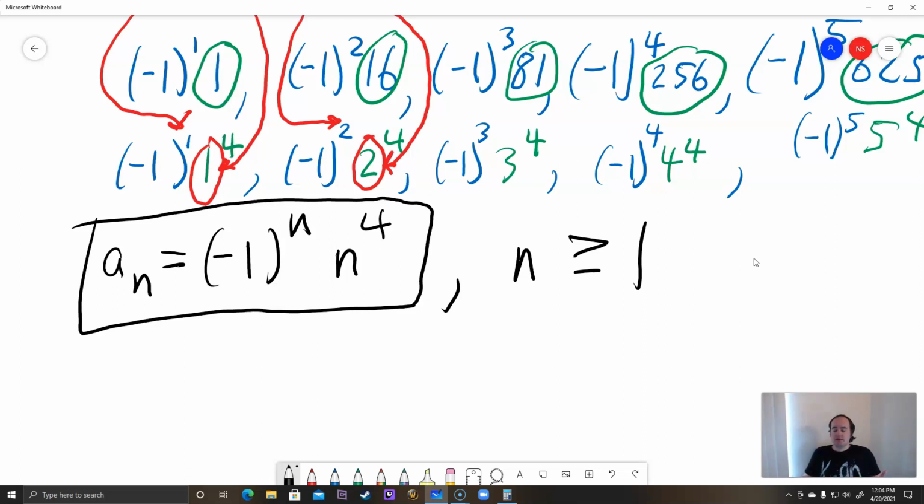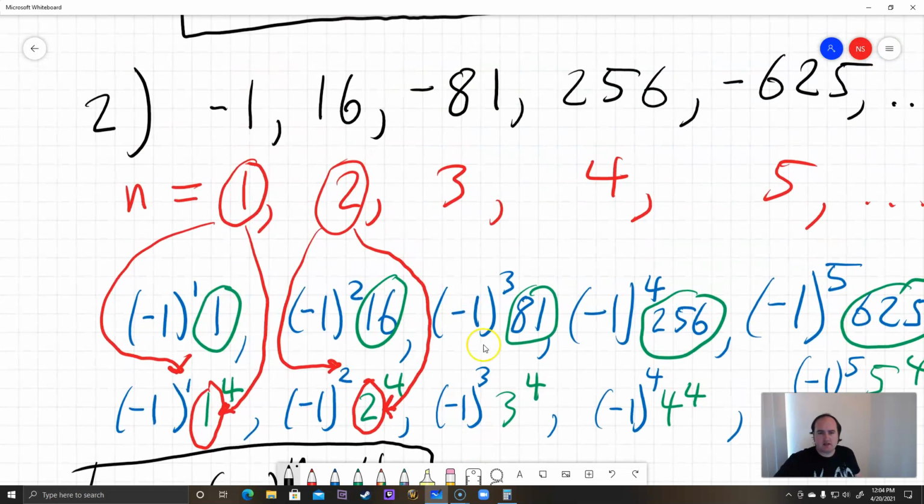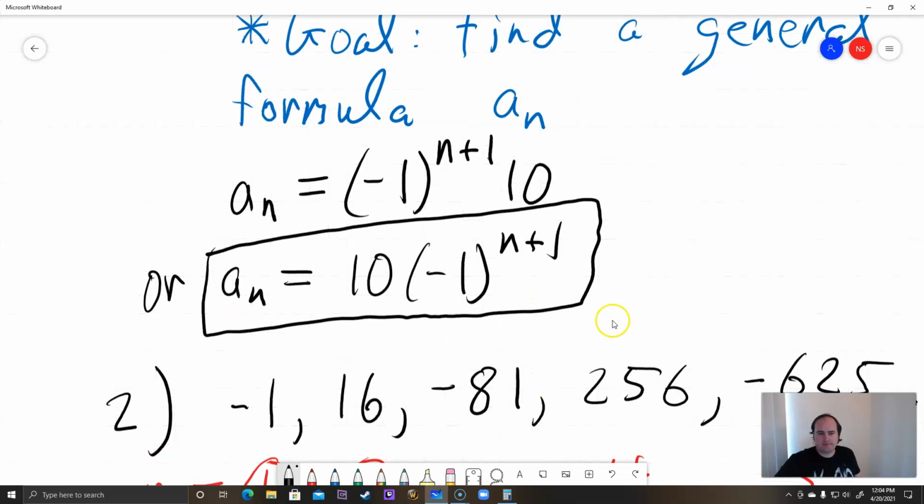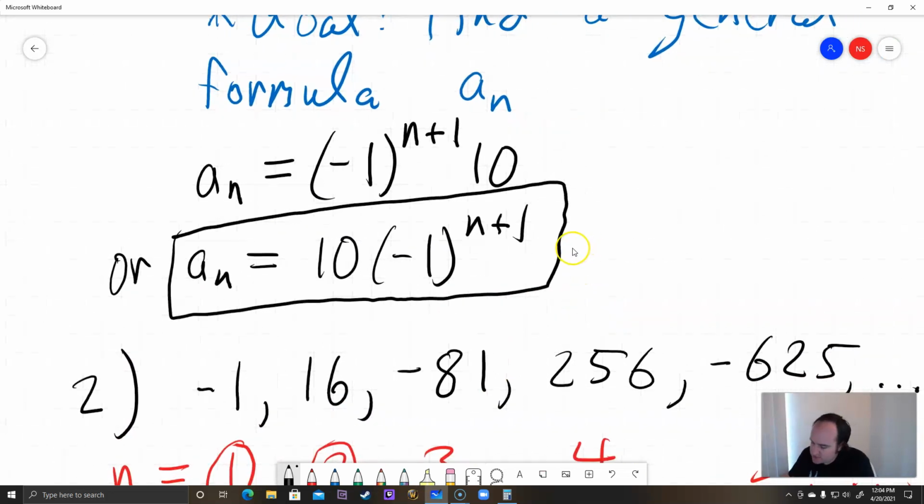So when it's a sequence, it's assumed that n is going to be an integer, which means a counting number. But you do need to write n is greater than or equal to 1 so that they know that n starts at 1, so it doesn't start at 0 or 2 or negative 1, whatever the case may be. And I should have done that for the first problem as well. Okay, so I should have written n is greater than or equal to 1, and that's because the first term was a1, so n started at 1.